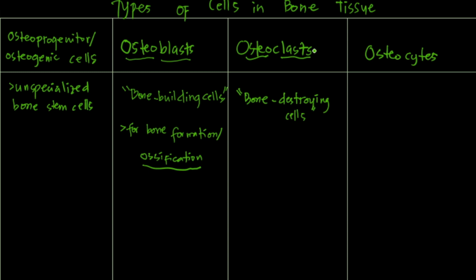They are the cells that break down the bones. They are responsible for bone resorption. If the osteoblast is responsible for ossification or bone formation, this type of bone cell is responsible for resorption.